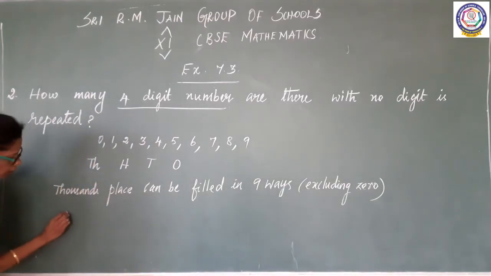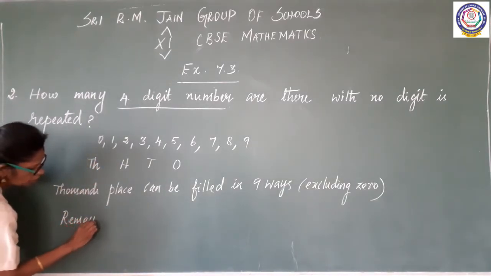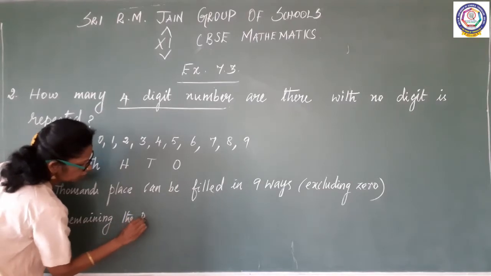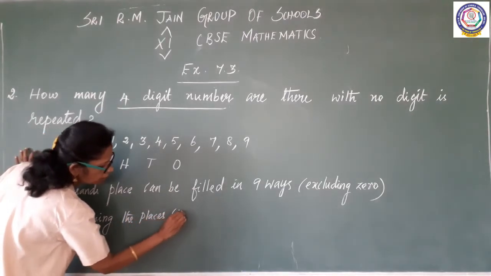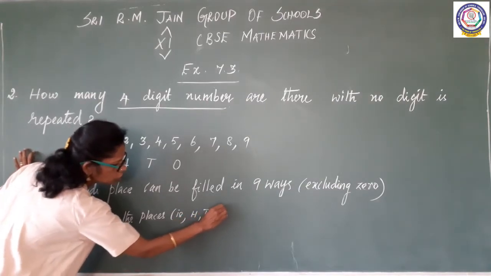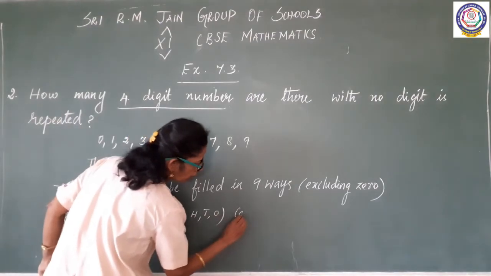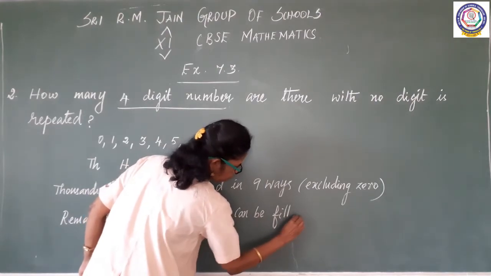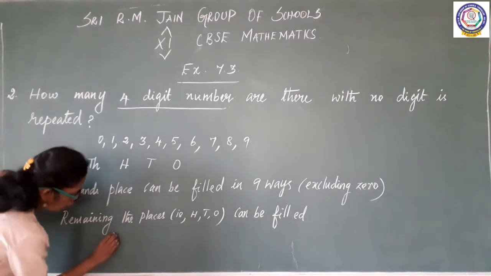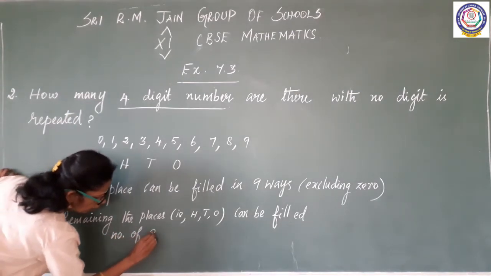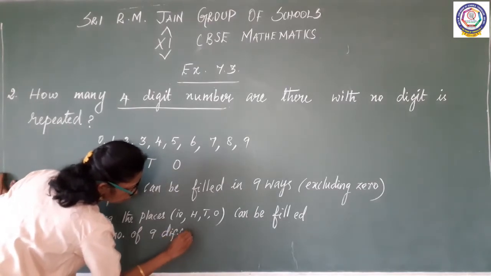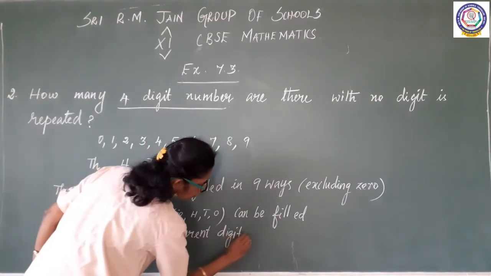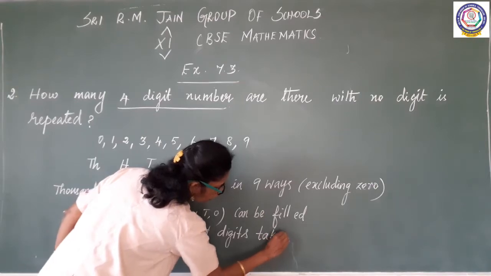Right? Now you see the remaining places, that is hundreds, tens, ones, can be filled by the number of 9 different digits taken how many at a time?